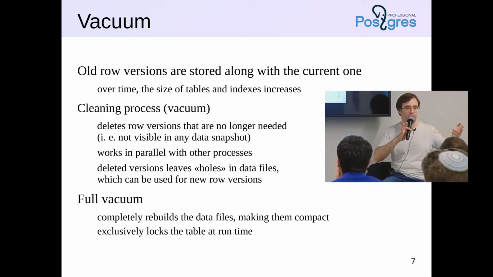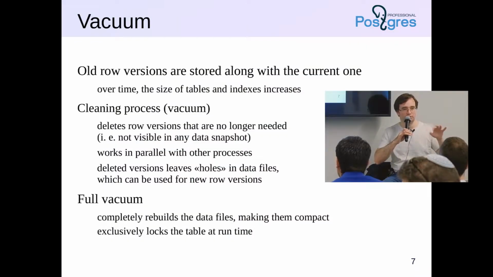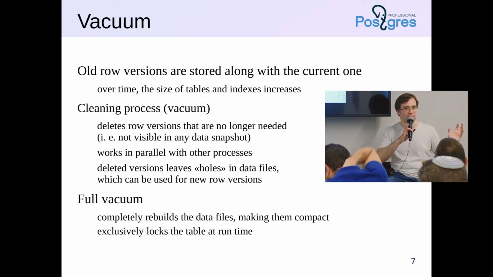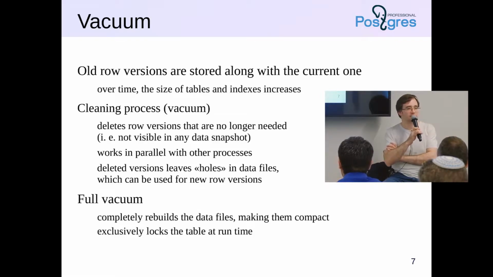After that you run vacuum. It deletes some row versions. And after that, Postgres uses this free space inside this file. So the file will be bigger than it was in the beginning of work, but it must not grow constantly.